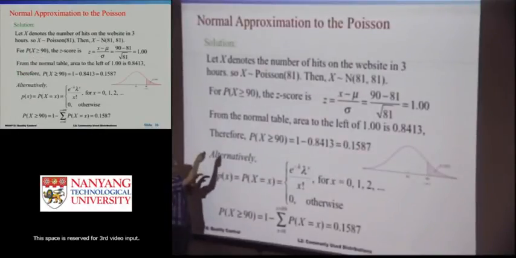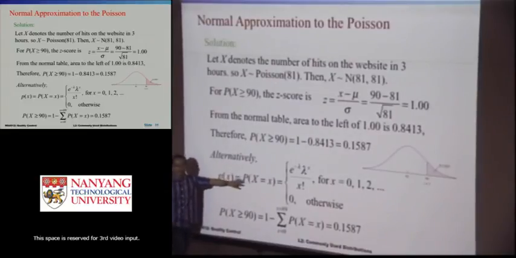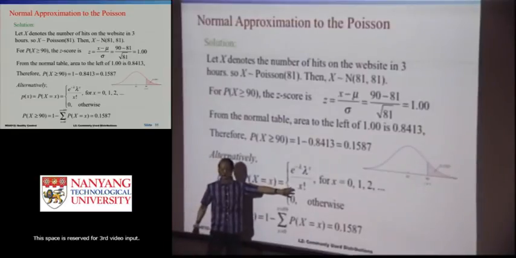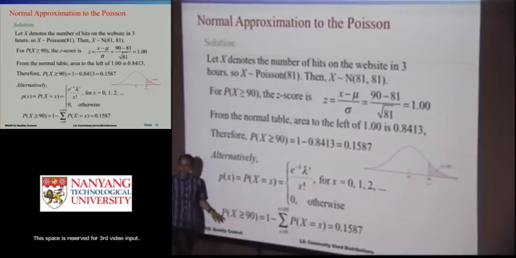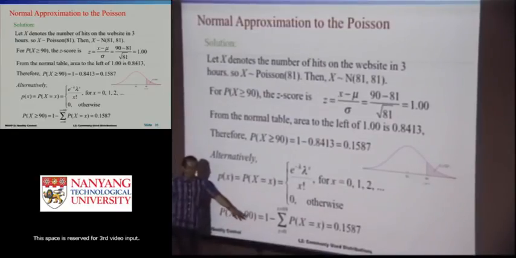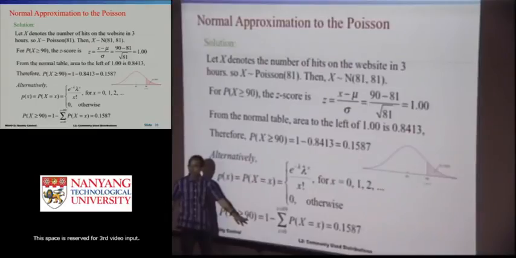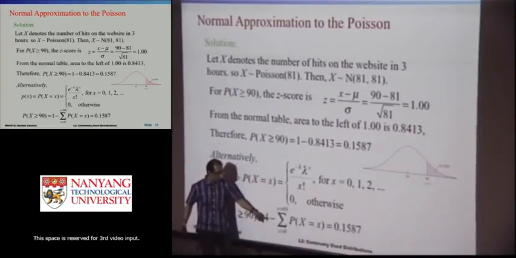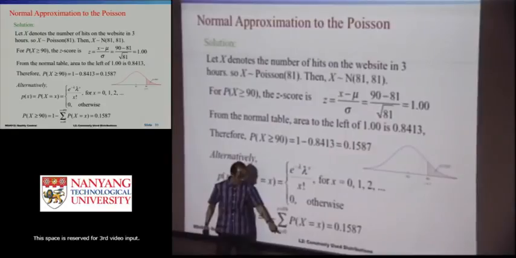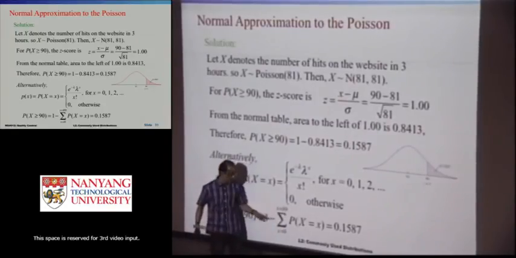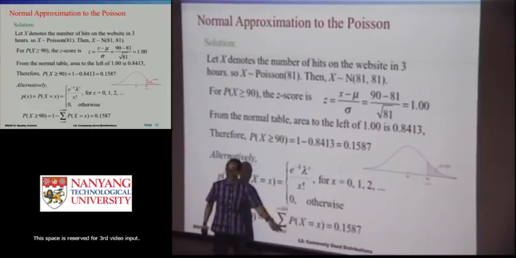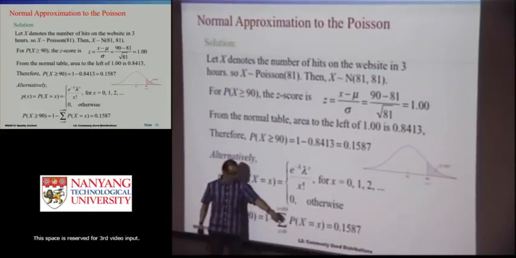So if we get this Poisson distribution, we can get this probability distribution function, right? And they ask the probability that the number of hits is 90 or larger, right? So we can just get 1 minus the probability X equals 0, 1, 2, 3, 4, up to 89. Then this is the probability larger than or equal to 90. This is the right approach.